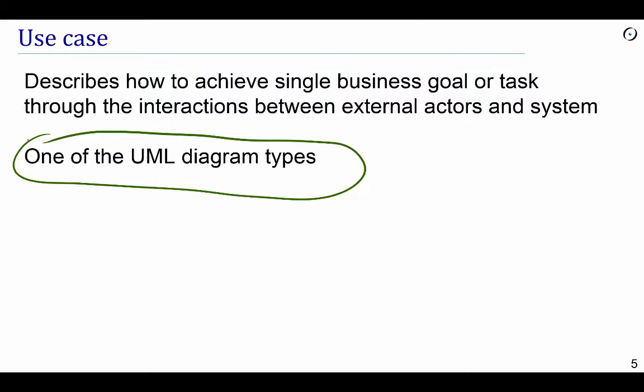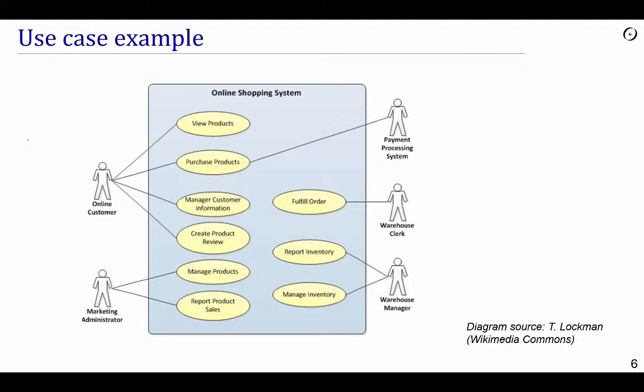So a use case is often defined as shown here. It describes how to achieve a single business goal or task through the interactions between external actors such as people and the system. A typical example of three use cases is this one here, having to do with some e-commerce system, where you see the various steps that an online customer can go through in this particular use case.